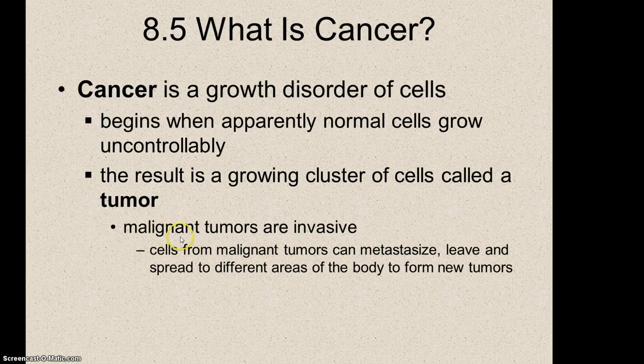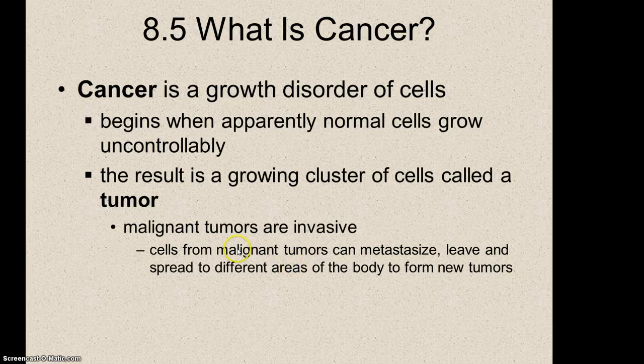If cells from the malignant tumors metastasize, which means they break off, pass through the blood and get to other areas of the body, then this kind of a tumor is really bad.